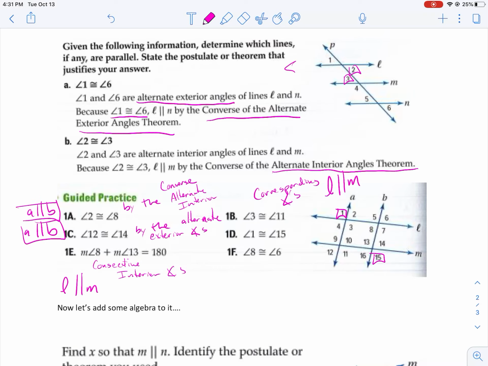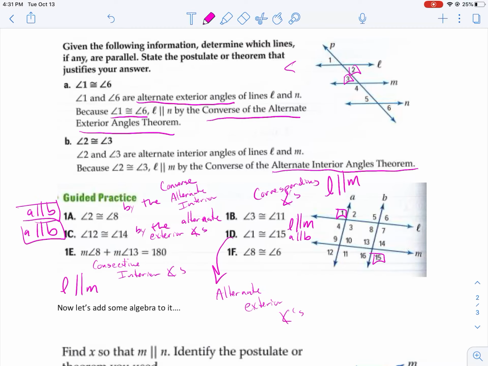Angle 1 is touching lines L and A, and angle 15 is touching lines B and M. So if those two are congruent, what we can honestly say here is that line L is parallel with M, and line A is parallel with B because they are alternate exterior angles.